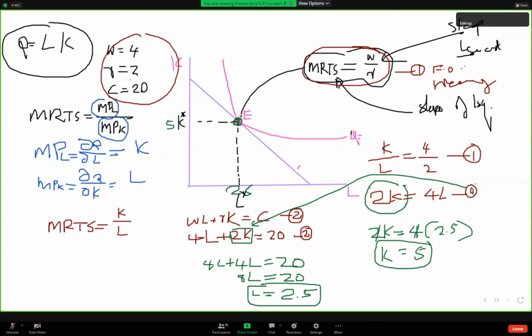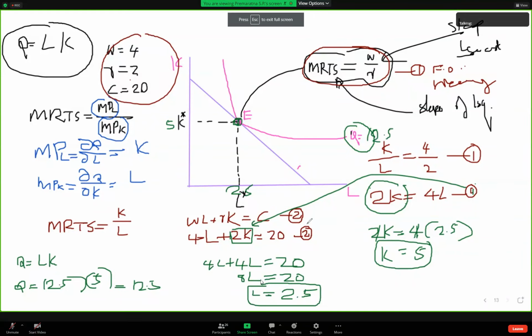And now you can find how many units the producer can produce at this optimal point. Because you know the production function, Q equals LK, and L is 2.5, K is 5, multiply 2.5 by 5, you get 12.5 as the production at the optimal point.